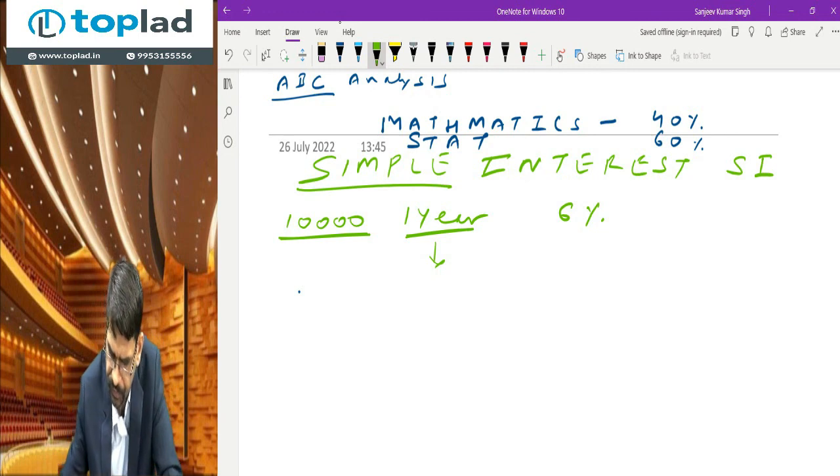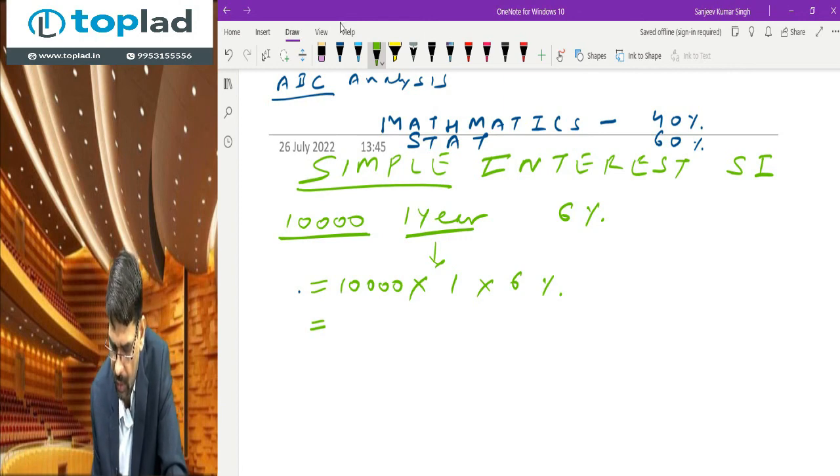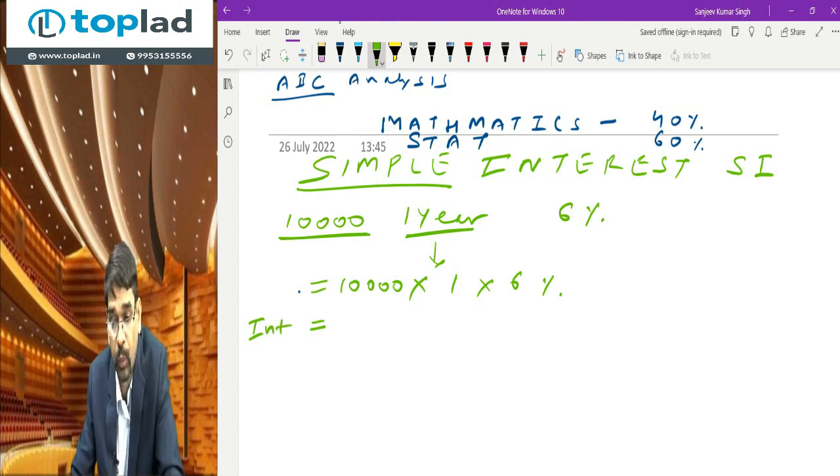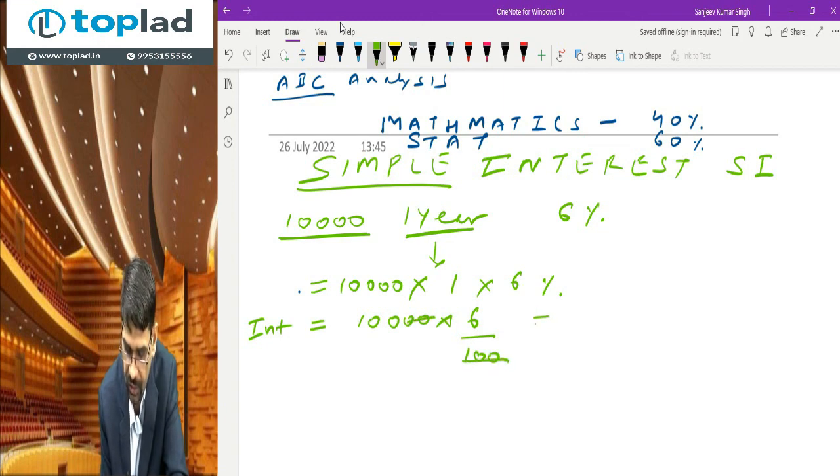So friends, if you invest 10,000 for 1 year at 6%, how much extra do you have to pay to the friend? 10,000 into 6 divided by 100, which is equal to 600.